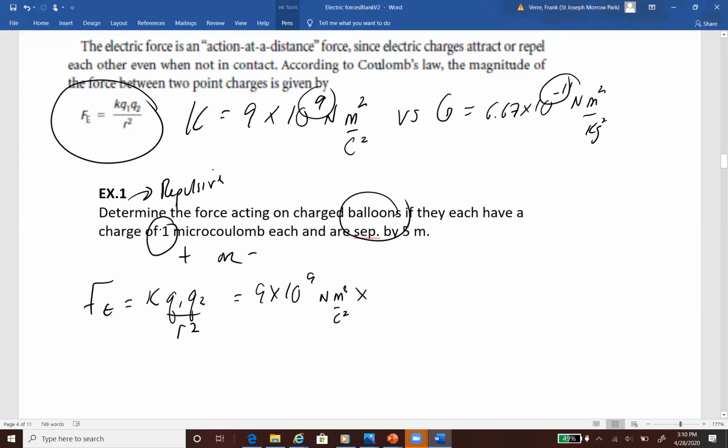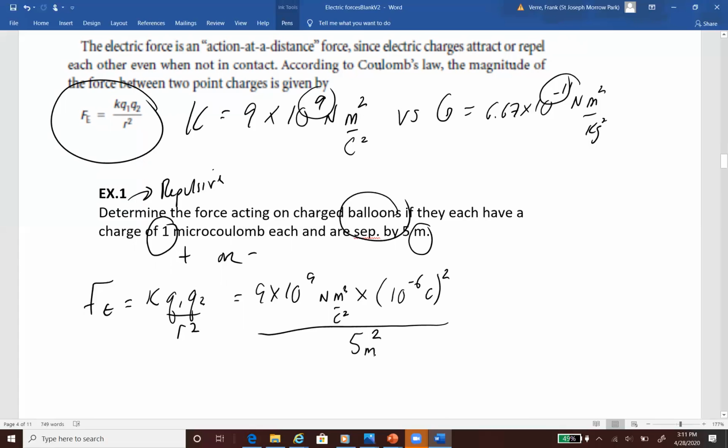Now, they're both the same charge, so we could just say Q squared. 1 microcoulomb is 10 to the negative 6 C, and we could just square that because it's the same charge, over r. r is 5 meters, so make sure the distance is in meters, squared.